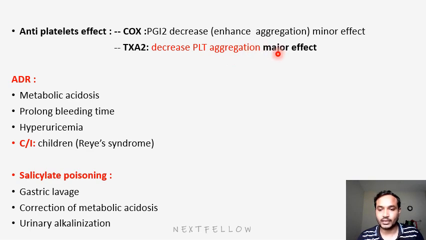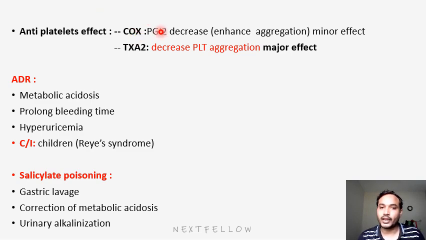What is the reason? These are antiplatelet drugs, right? Aspirin is given by the oral route only, so it undergoes first pass metabolism. It has to enter the liver, where platelets are exposed more, so it acts more on the platelets, and less amount is released into the systemic circulation.